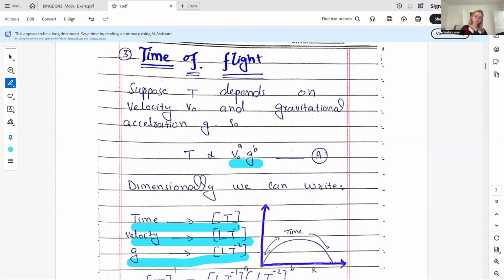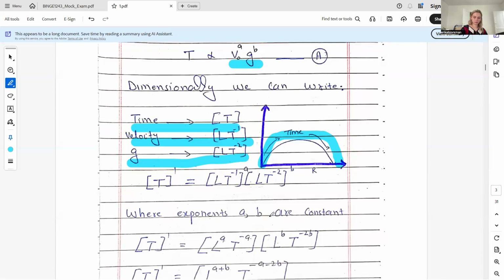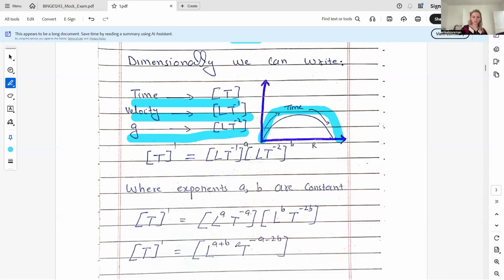We are calculating the time of flight from the point of projection to the point of landing. So by comparing the left and right sides, T is equal to (LT inverse) to the power a, (LT inverse squared) to the power b, where exponents a and b are constants.